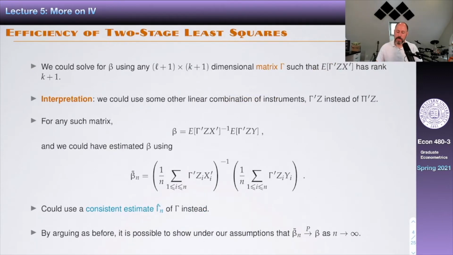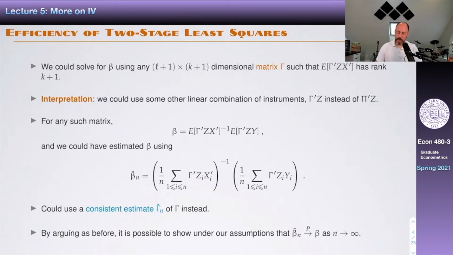So we're going to start by noticing that in principle, we could use any matrix that is L plus 1 times K plus 1 dimensional. I'm going to call this matrix capital gamma, such that the expected value of gamma prime Z X prime has full rank.